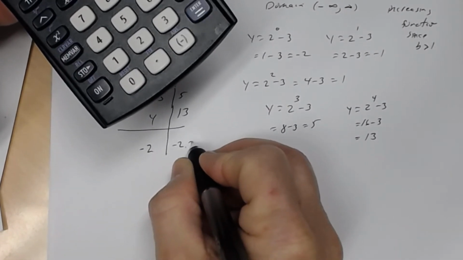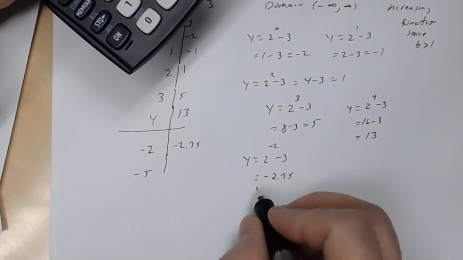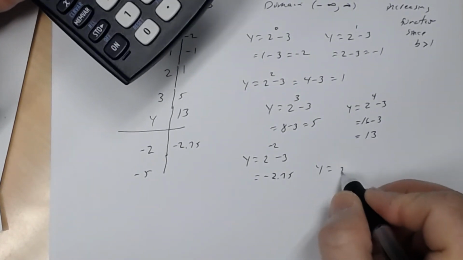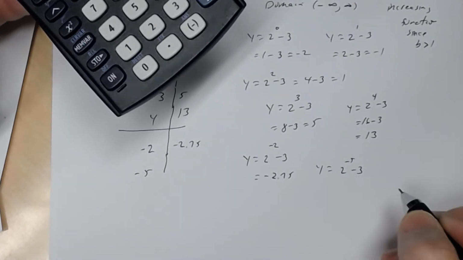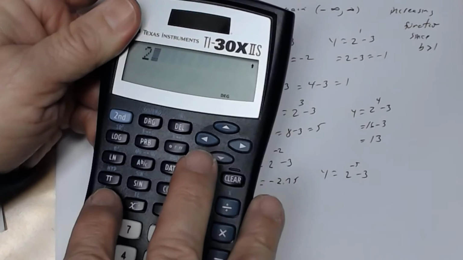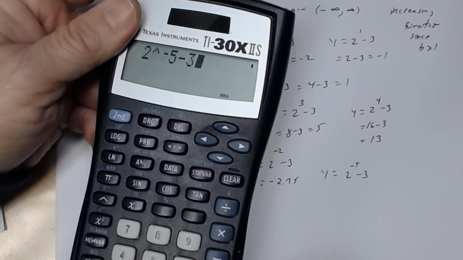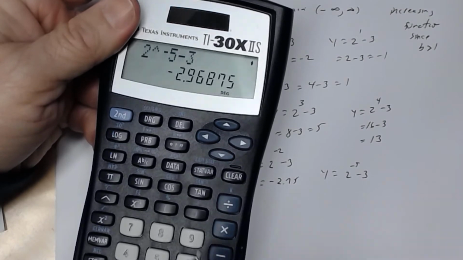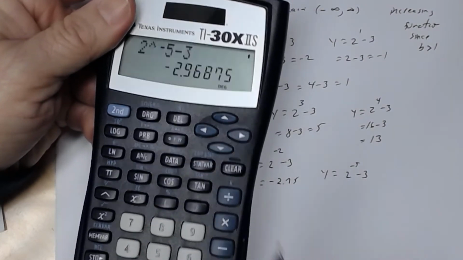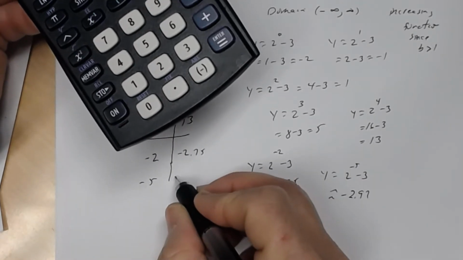Okay. If x is, let's say, -5, I get y equals 2 to the -5th power minus 3. So 2 raised to the -5th power minus 3 equals, you get about -2.97.